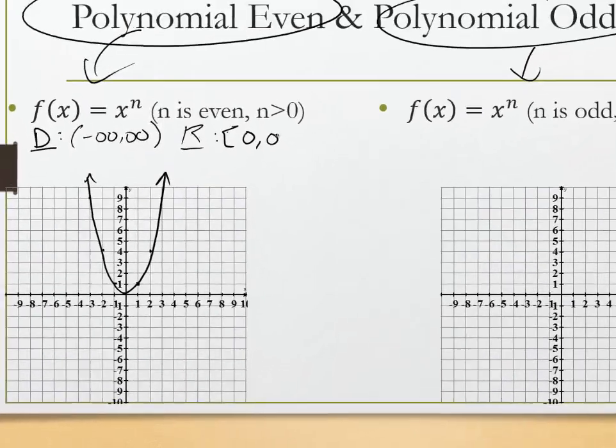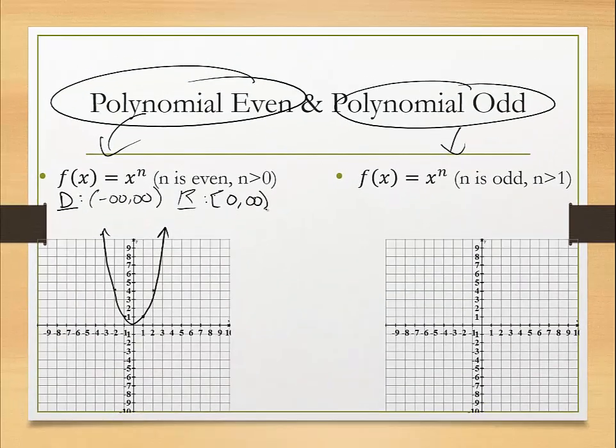meaning infinity. Now your polynomial odd, a little different, starts at (0, 0), (1, 1), (2, 8). Okay. So then your function looks like this, somewhat good enough. Okay, so that's your polynomial odd.